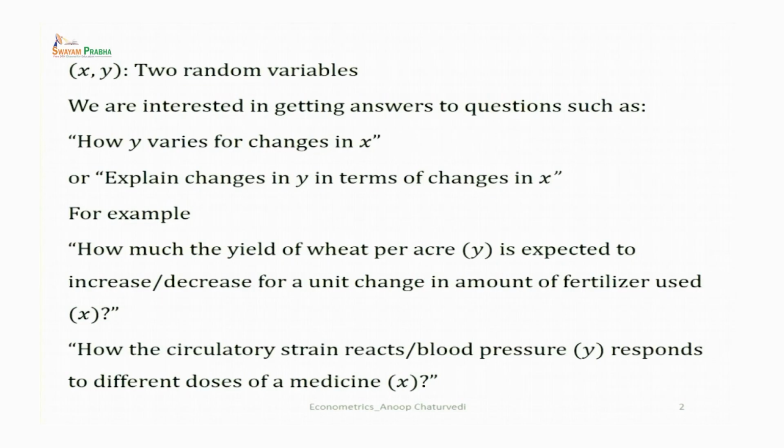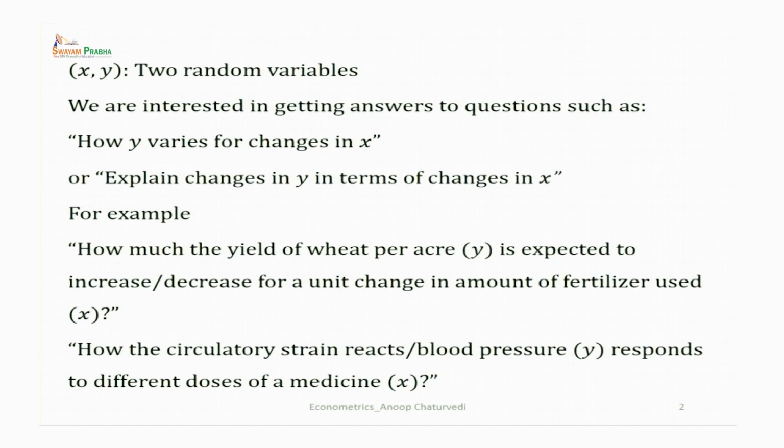So, now suppose you have two random variables x and y, and we are interested in getting answers to questions such as how y varies for changes in x, or explain the changes in y in terms of changes in x.